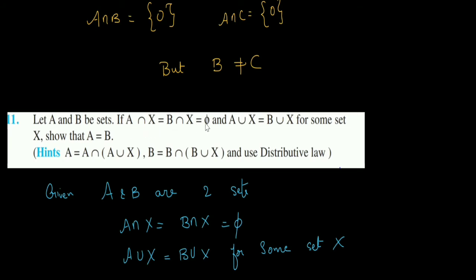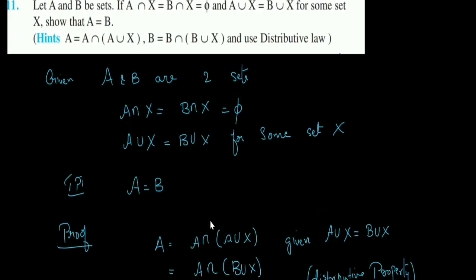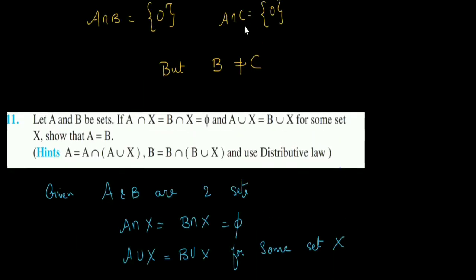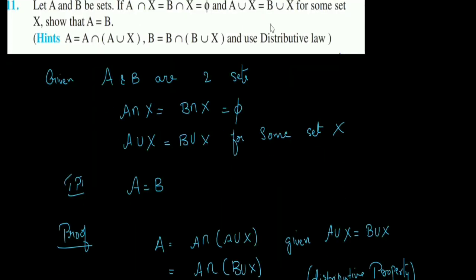The intersection is empty. A intersection X and B intersection X are equal to the empty set. That means there is nothing common between the sets A and X. Similarly, B and X. And also it is given A union X is equal to B union X for some X. So these are the two conditions given. Using this, we have to prove that A is equal to B.